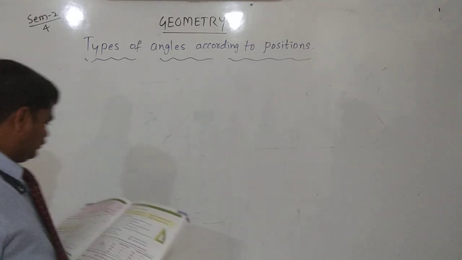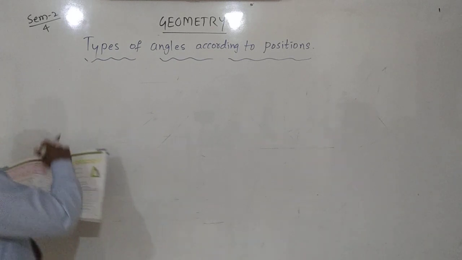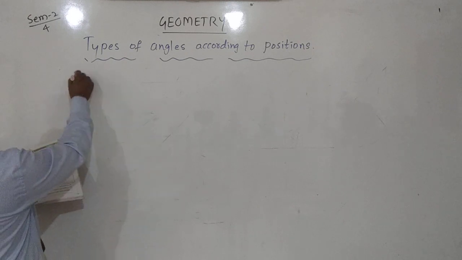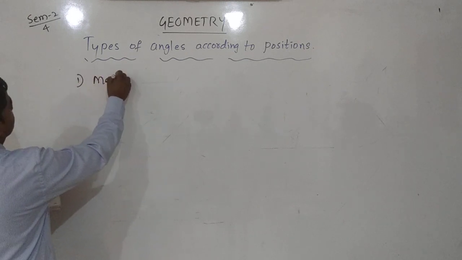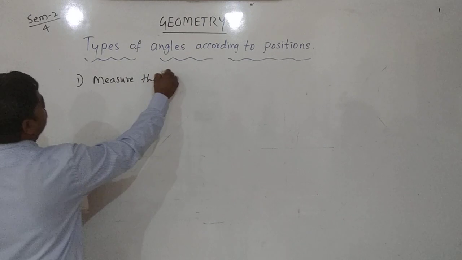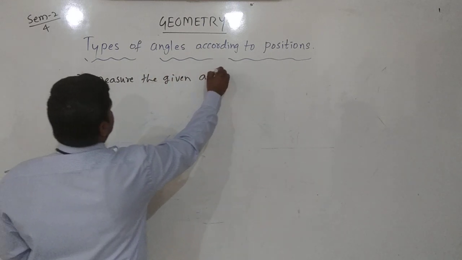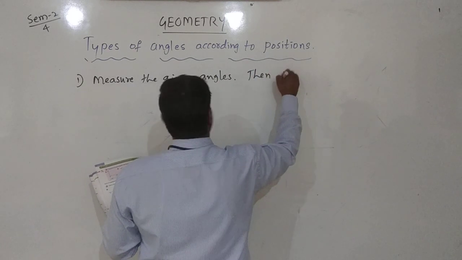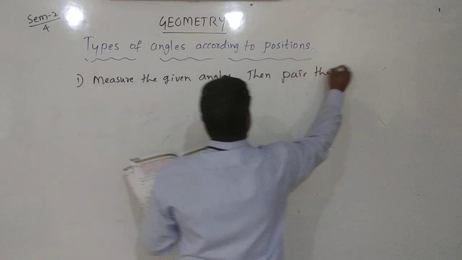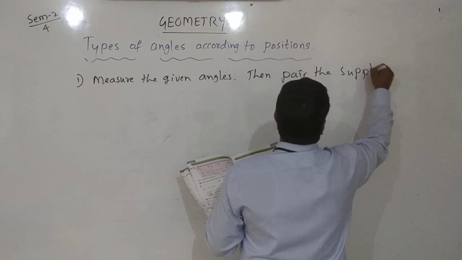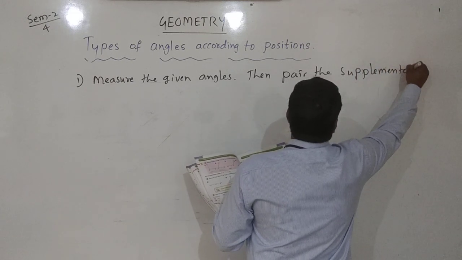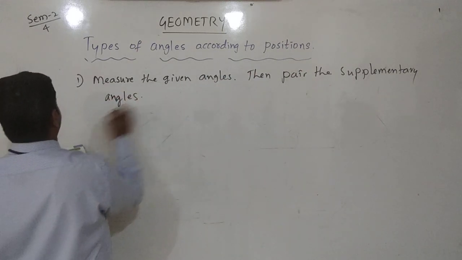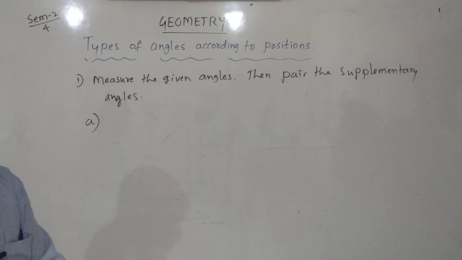Here, measure the given angles, then find the supplementary angles with the help of a protractor.